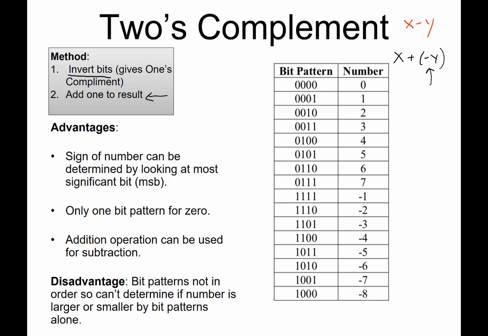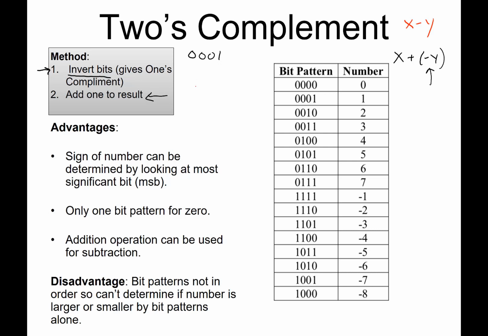So what I'm going to do is show you how to put a few numbers into twos complement. So for instance, let's write -1. To write -1, first of all, we write the number for 1, which is 0001. This is the binary number for 1. Then we're going to do step 1, which is invert the bits.